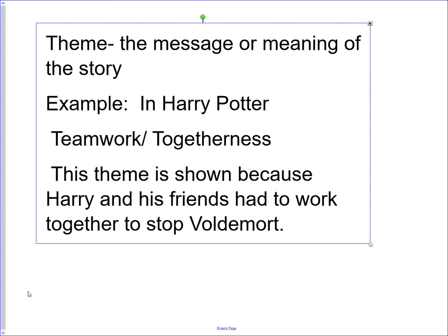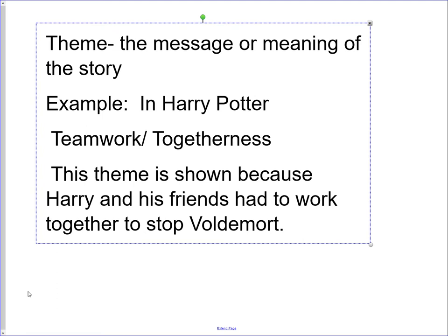It's the message of the story, right? Harry couldn't beat Voldemort by himself. He needed his friends, he needed Ron, Hermione, and everybody else to work together to beat him. If Harry did this by himself, he probably couldn't have beaten Voldemort. But because they worked together, he was able to do that. So it's the lesson that you can learn from the story as well.